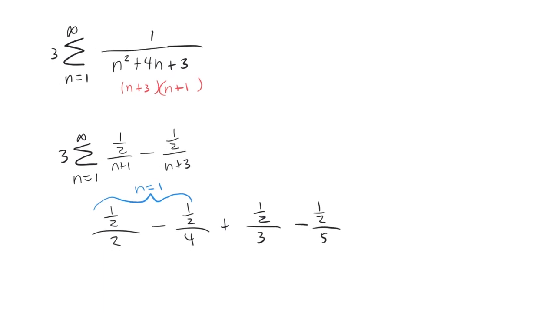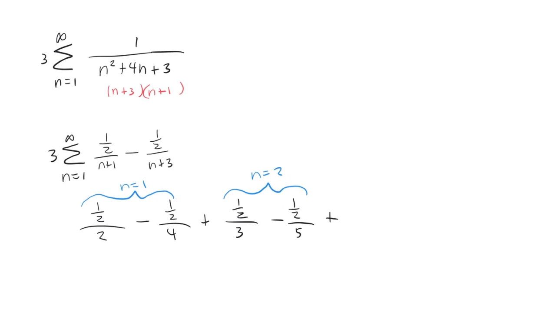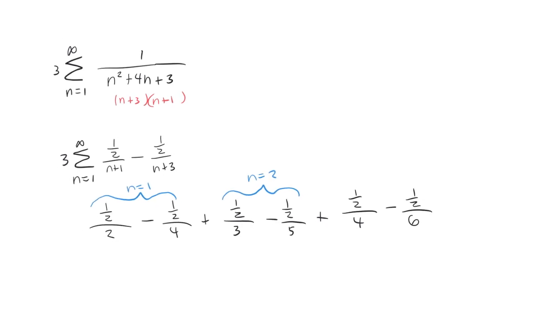That's what happens when n equals 2. And then we would be adding to that what happens when n is equal to 3. So it would be 1/2 over 3 plus 1, which is 4, minus 1/2 over 6, right? That's what happens when n is equal to 3.